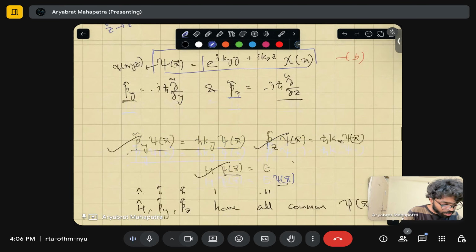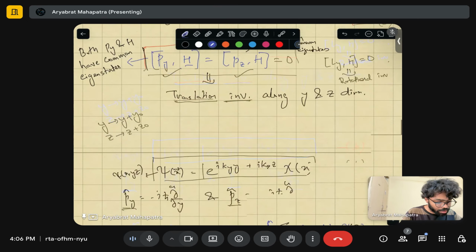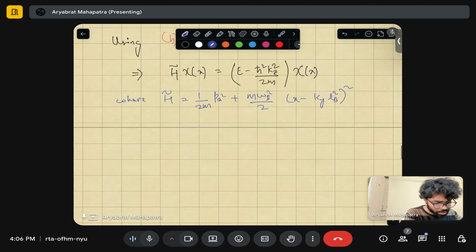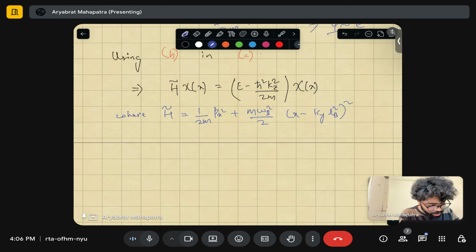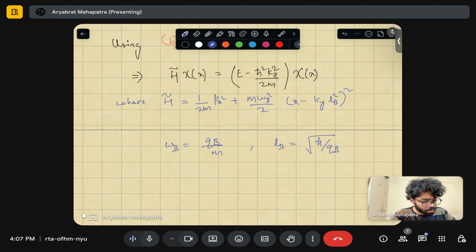I have just substituted equation B in equation A, and then I am writing down the Hamiltonian slightly differently, where omega B, as we said earlier, is your cyclotron frequency. It is QB over m, and this LB is a new quantity which we are defining here as h bar over QB. It takes the unit of length, and you can call this the magnetic length.